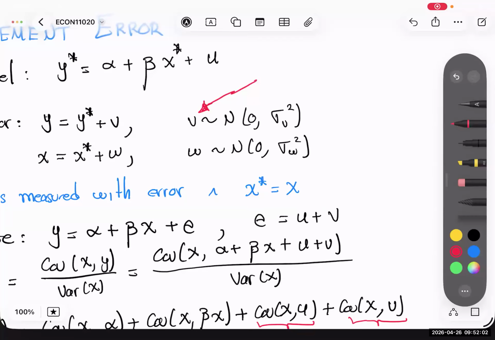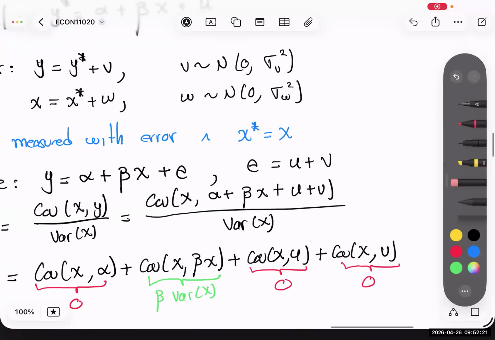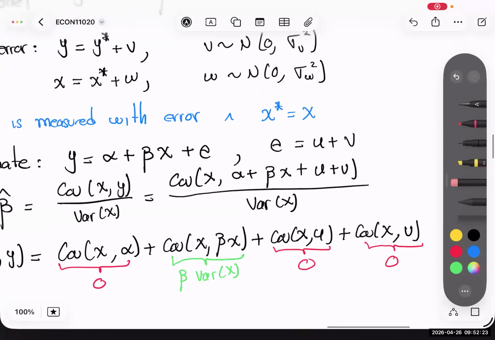But this is IID, which means that it is distributed identically and independently from other errors. And in particular, the distribution is normal, for each of the realizations of the error.